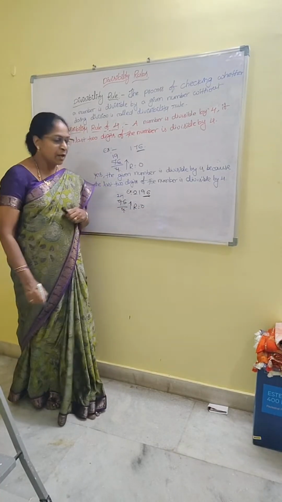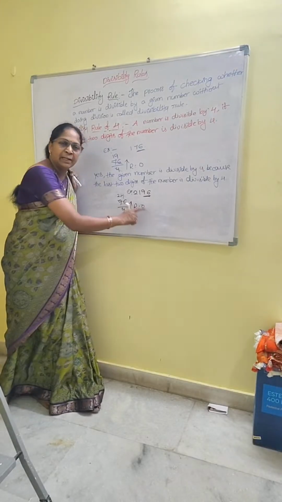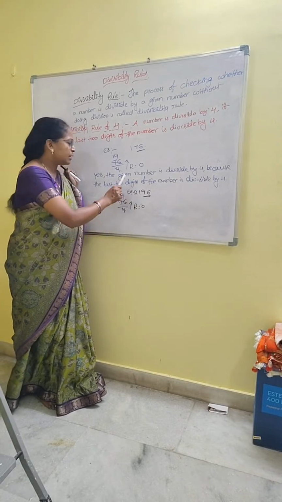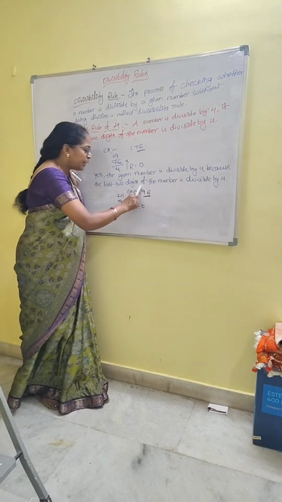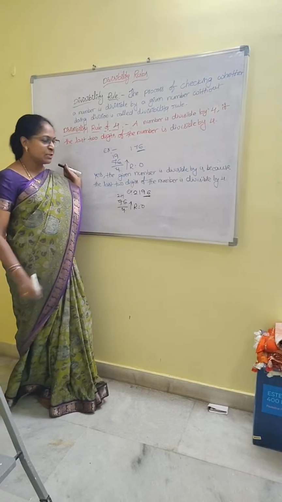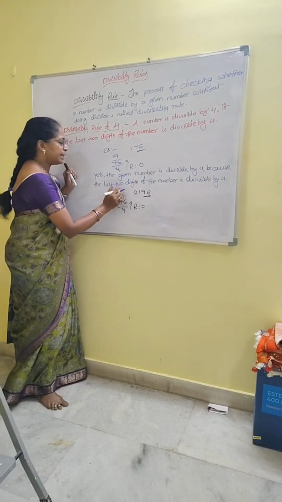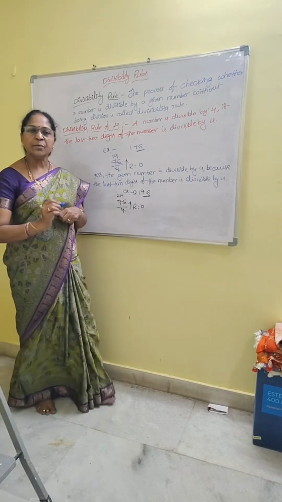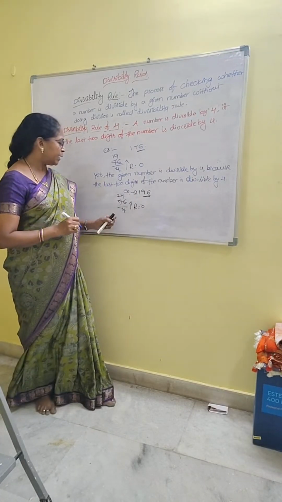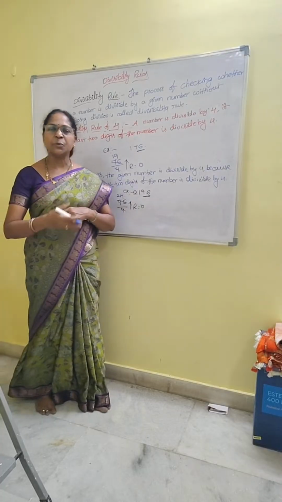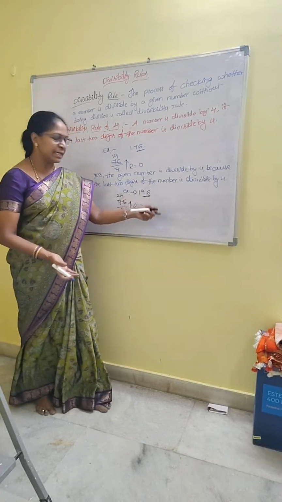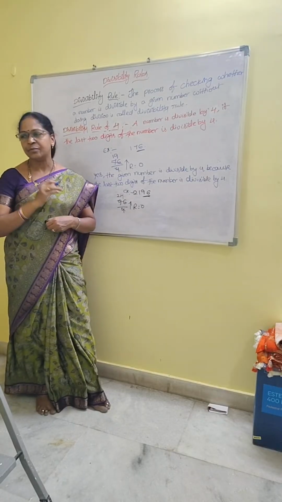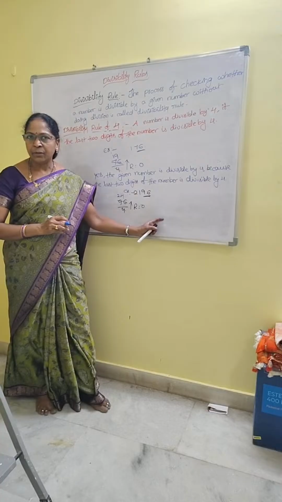Remainder 0. Whenever we get remainder 0, we can say that yes, this number is exactly divisible by 4. The number here is 2196. By checking the last 2 digits of the number, we can say that yes, the given number is exactly divisible by 4. Any more doubts?